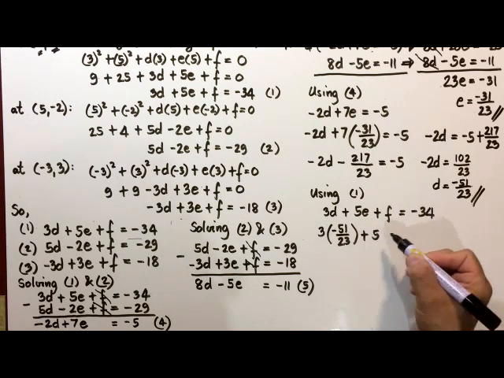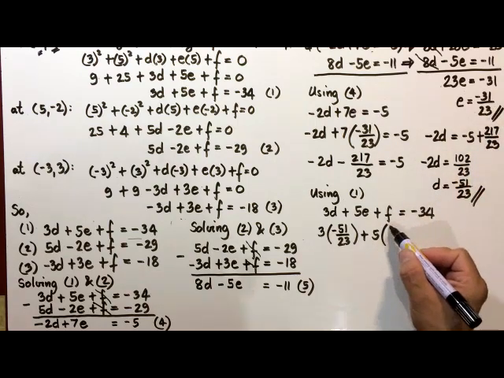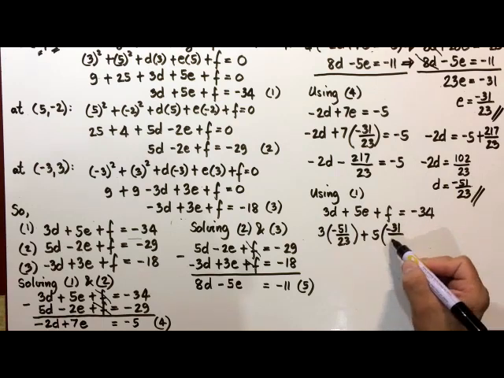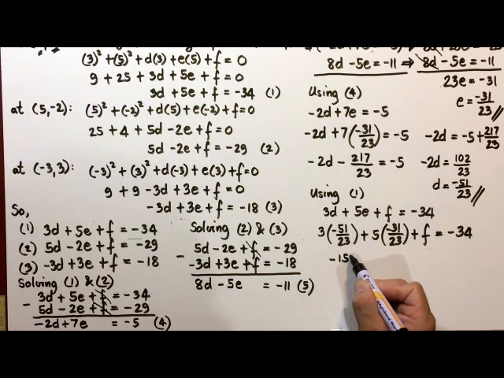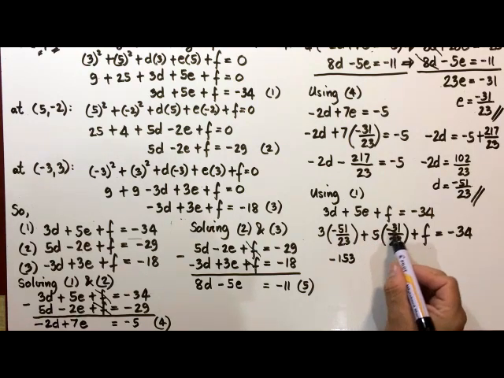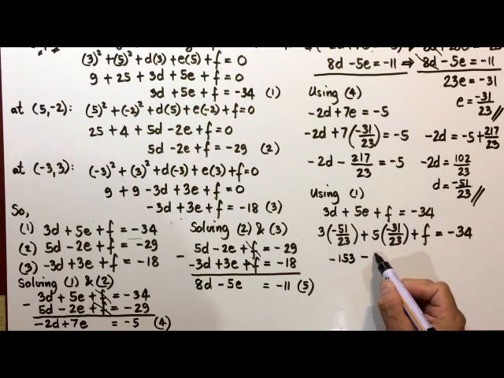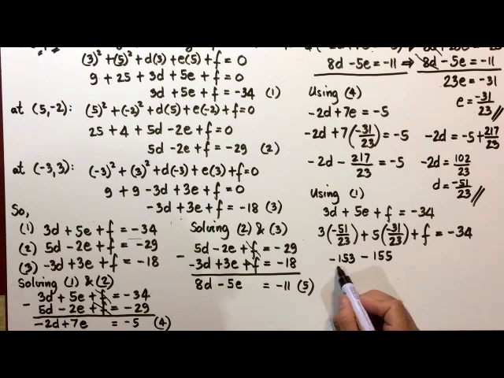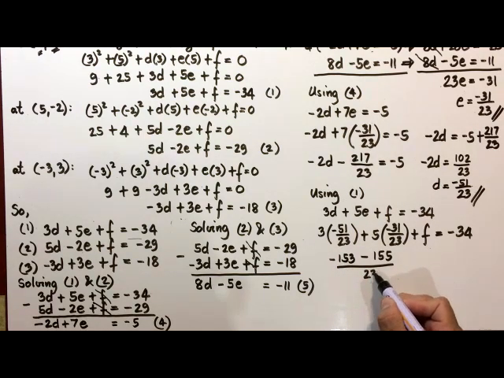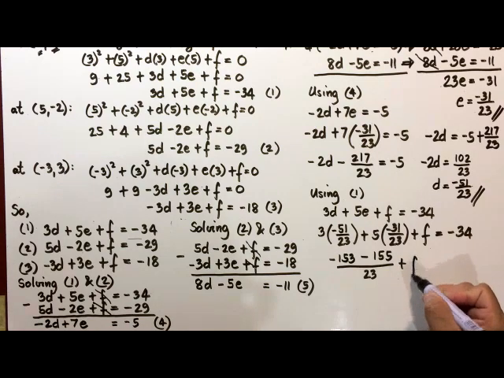plus 5e. I know also my e, which is here -31 over 23, and then plus f, which is equal to -34. So 3 times -51, that is -153, and then 5 times -31, that is -155. And because they all have the same denominator, we just copy over 23 plus f, which is equal to the -34.